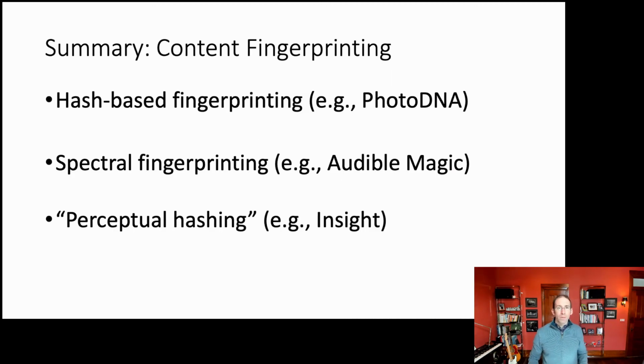In summary, there are three general classes of content fingerprinting algorithms: hash-based fingerprinting, which relies on exact matches; spectral fingerprinting, which operates in the frequency domain, often on audio files; and perceptual hashing, whereby similar pieces of content produce similar hashes. In general, all of these techniques rely on having access to a database of known content against which one might wish to match to detect a potentially offending piece of content.